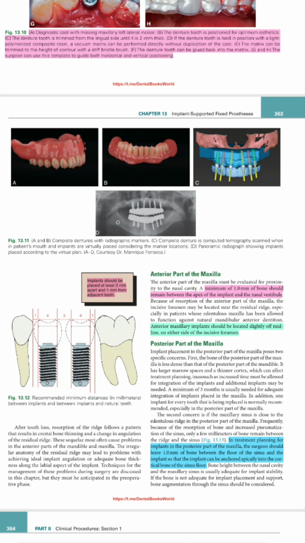And this is the final panoramic where we see the optimum parallelism between the implants.